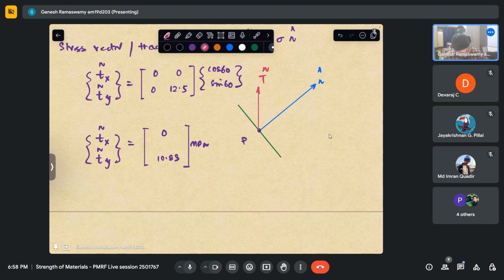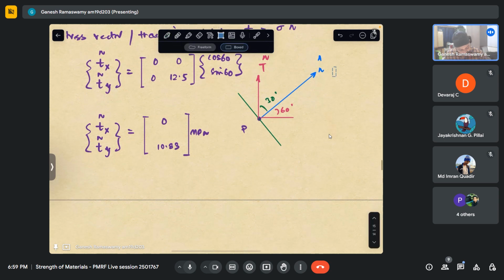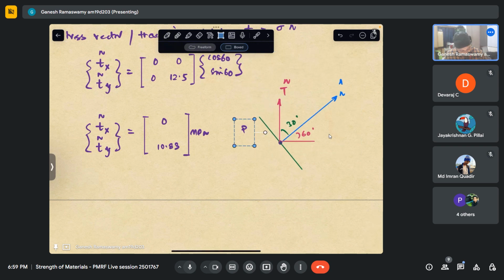I hope that is clear. And this is 60 degrees. If this is perpendicular, then what does this angle become? This becomes 30 degrees, although it doesn't look like that. Actually I should have drawn n more inclined, but I hope you get the idea. So this is how the stress state looks on this plane at this point.